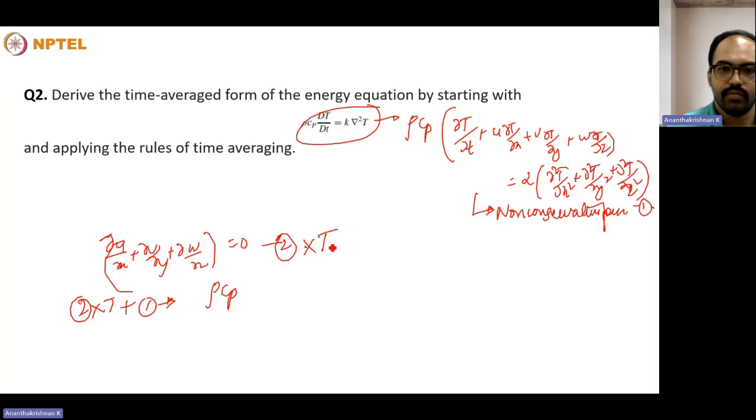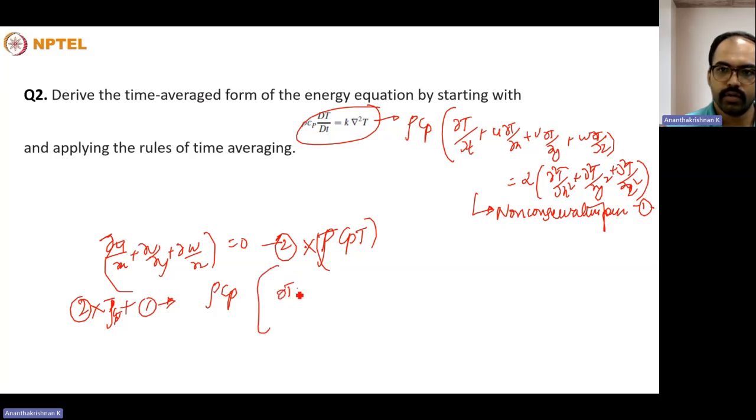We can multiply it by ρCp as well, so ρCpT. The ρCp term will go outside.